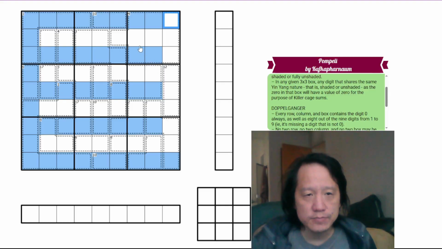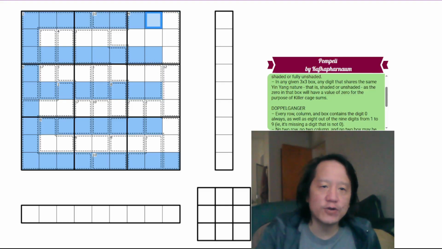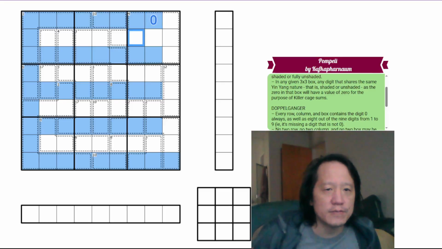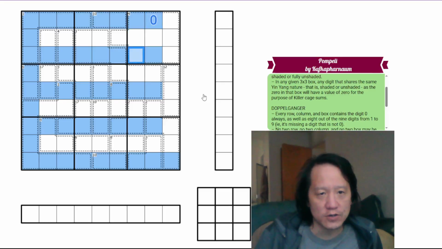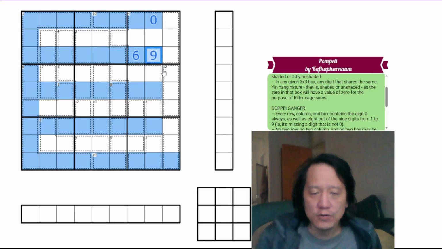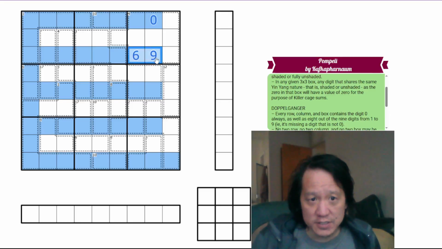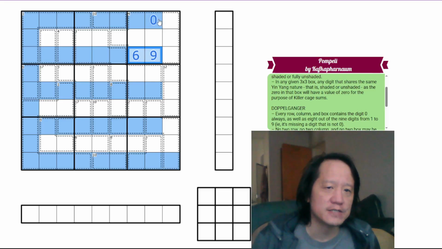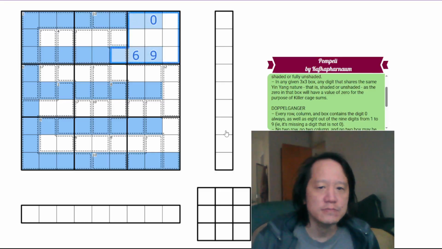So that means if we have a 0 here and then these other cells here, say 6 and 9 or whatever, the value of this 6 and 9 is actually 0, because it is the same shading as the 0 in its 3 by 3 box.